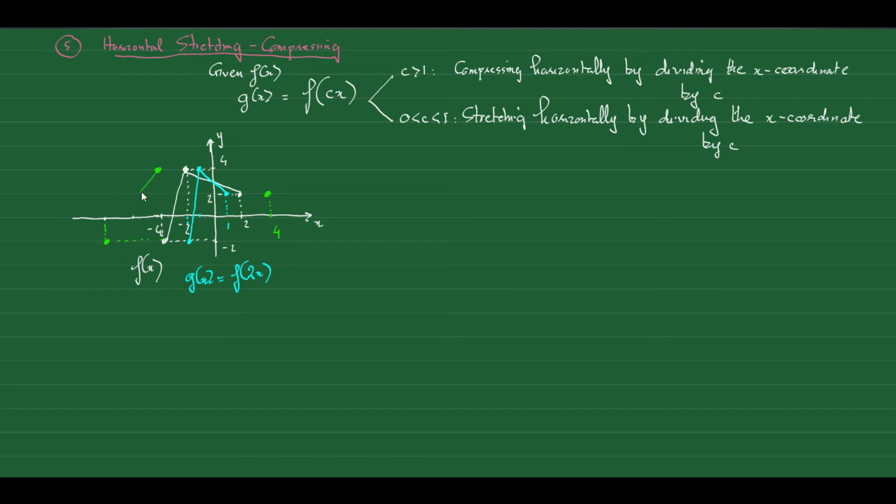So we're going to have something like that, and something like this. There you go. Then this is my new function, g star of x, which will be f with the argument multiplied by a half.